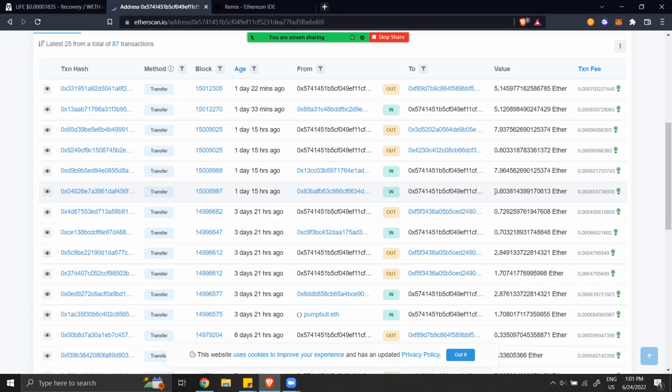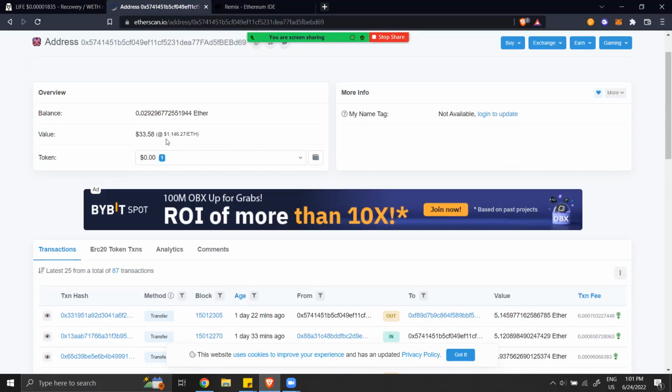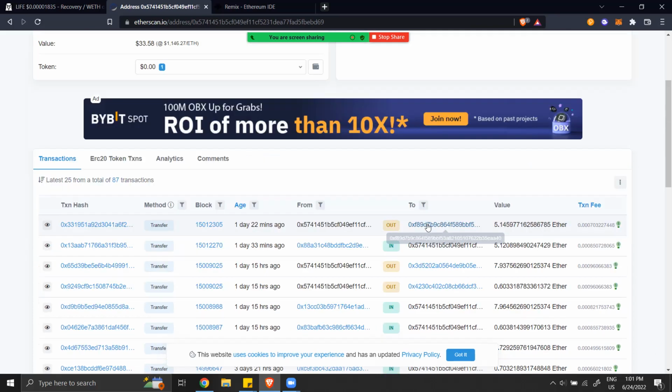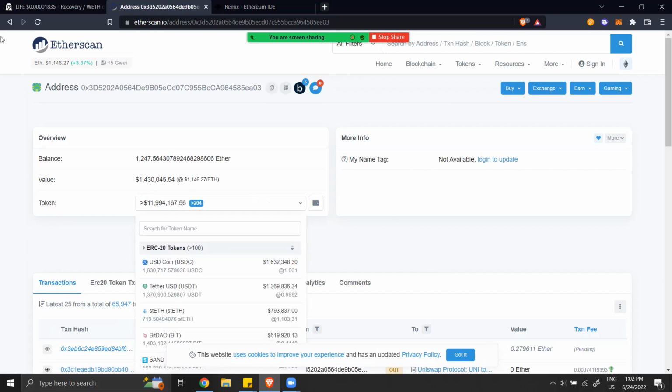So yes, they receive some Ether for the gas, for the transaction. And they also receive the amount from the marketing wallet, and they send it to another wallet. So here, not a lot of Ether, but the final beneficiary is also a huge whale with a lot of Ether and a lot of ERC20 tokens.